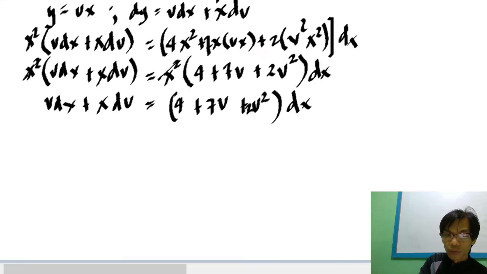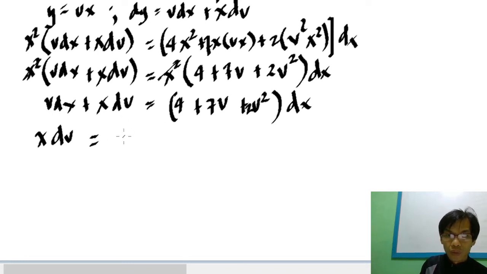So what happened is that we have to put the x terms together. We have x dv, and we can put this dx on the other side.